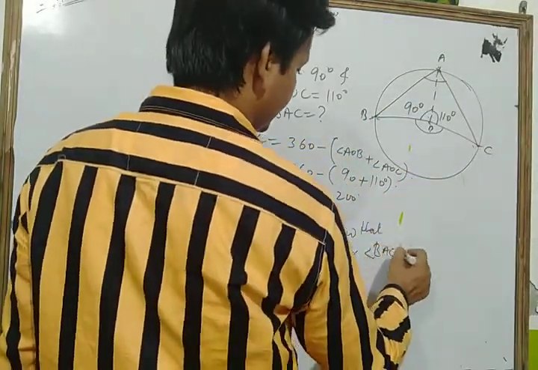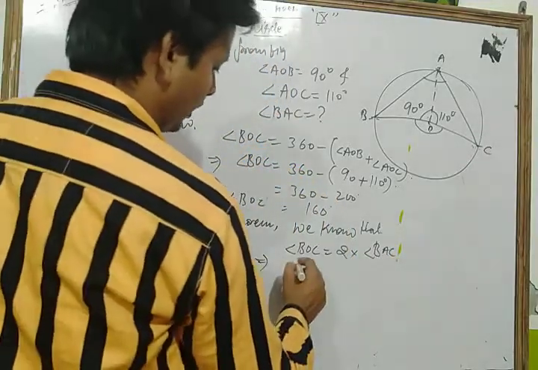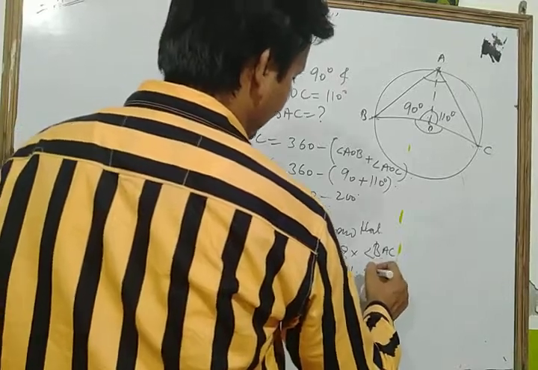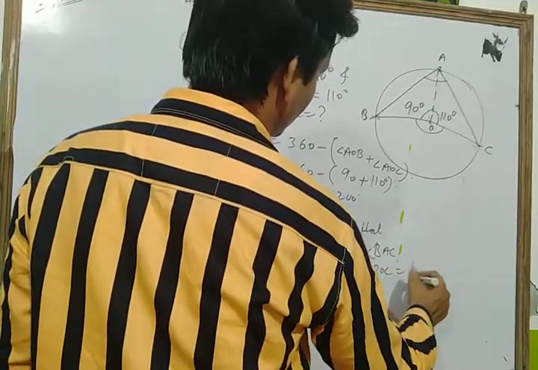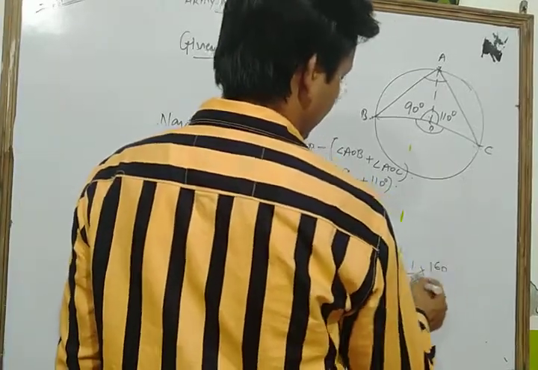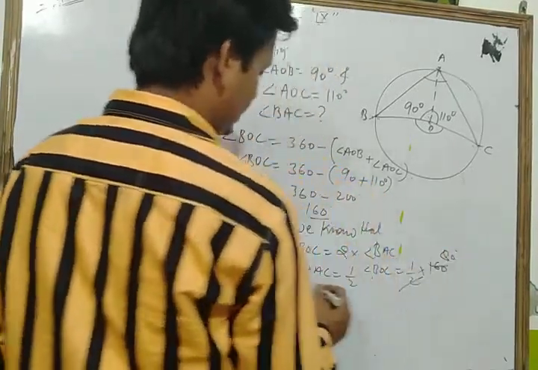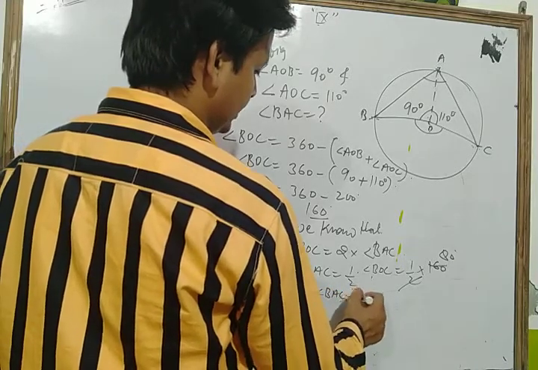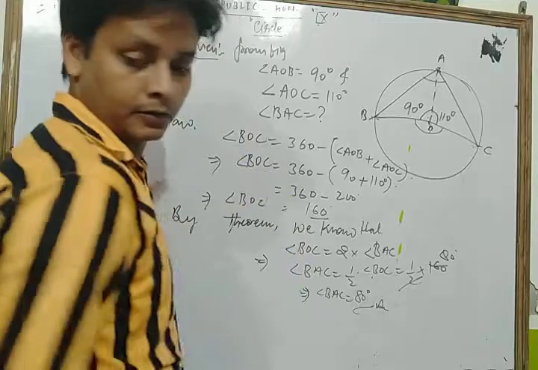So angle BAC is equal to one half of angle BOC. One half into angle BOC is half of 160, that is 80. So angle BAC is 80 degrees. This is our answer.